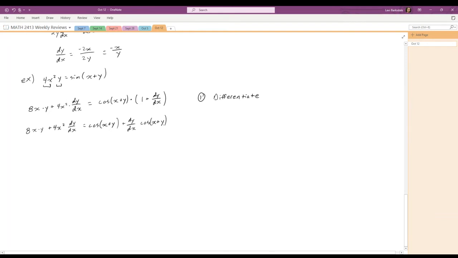Now I'm going to move everything with the dy dx on it to one side and everything else to the other. So I have 4x squared dy dx minus dy dx times cosine of x plus y is equal to cosine of x plus y minus 8xy.